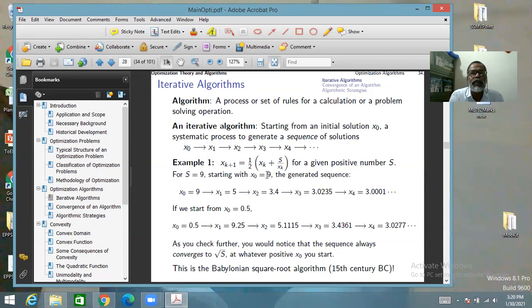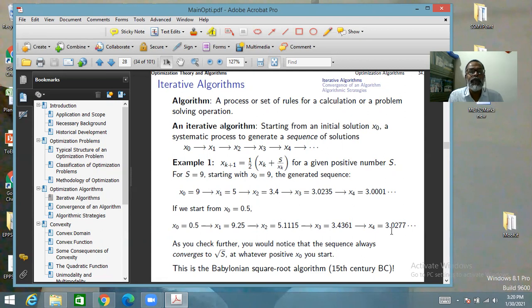We don't know anything. The generated sequence happens to be, after 9, it gives 5, then 3.4, and you can see where it is going. As it happens, it goes to 3. If we start from some other number, 0.5, then next is this, next is this. Incidentally, this also will eventually go to 3. It's not incidental; there is good reason behind it.